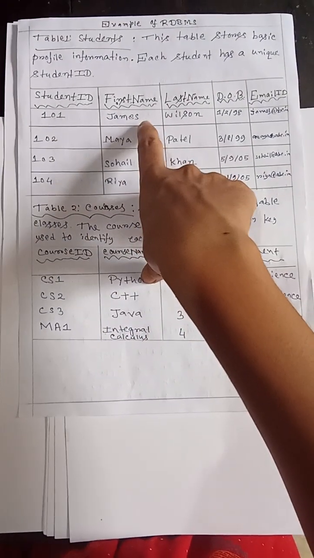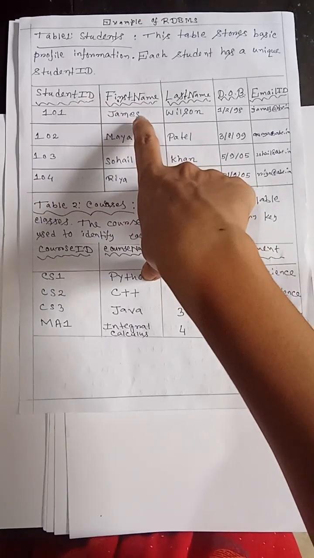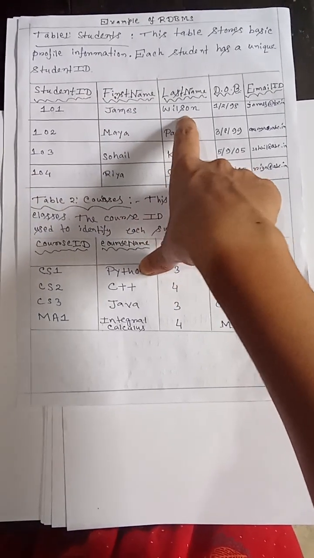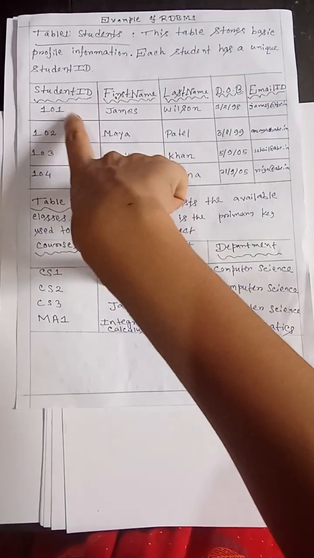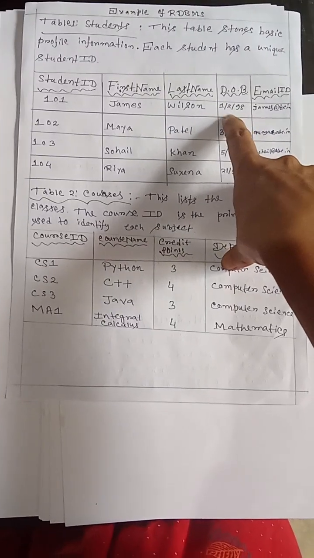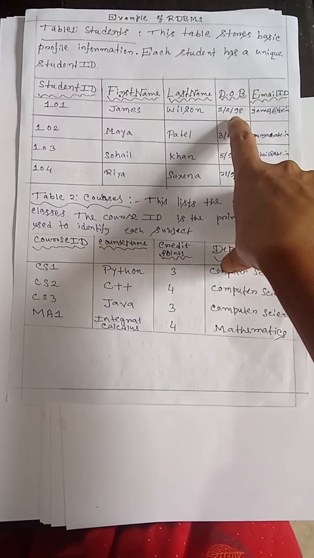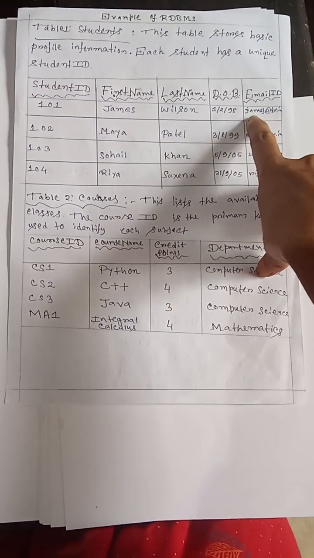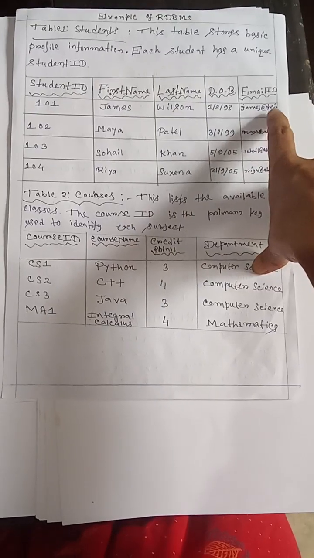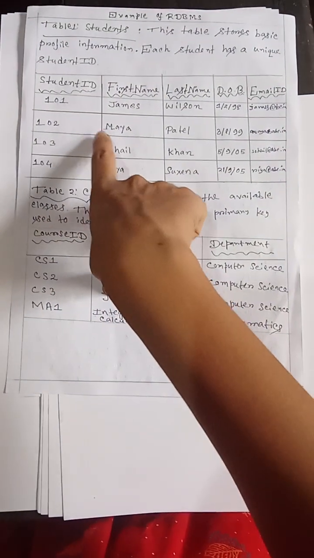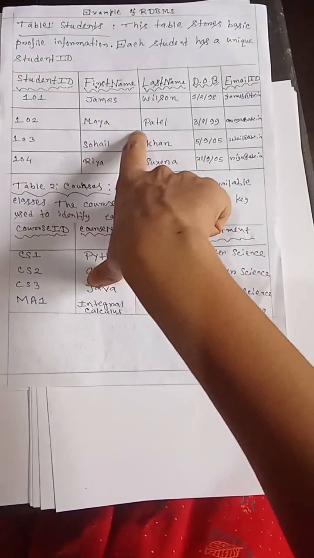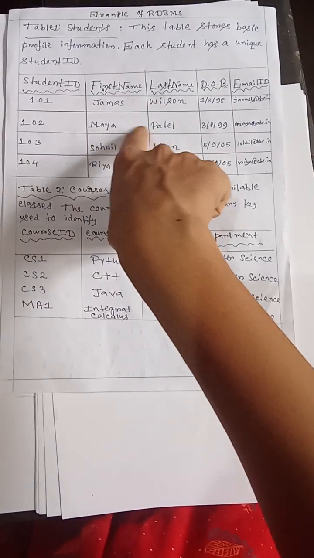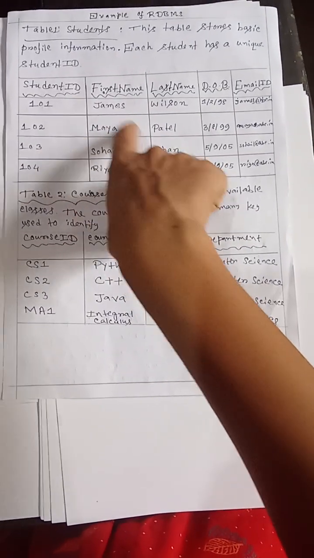Our first row stores the information of a student named James Wilson, his student ID 101, his date of birth 1st of February 98, and his email ID james@abc.in. Next we have the information of another student in our second row, or next tuple.